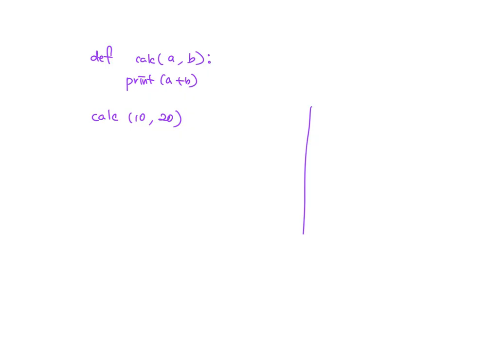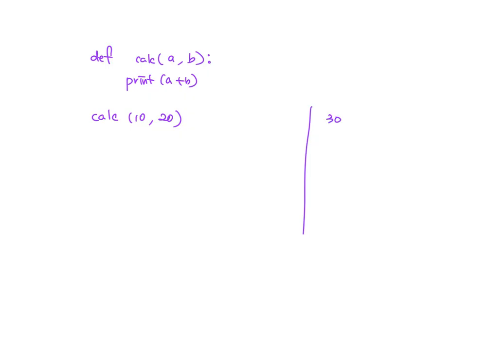Suppose that I have a definition, def calc, of two variables, A and B. And then I want to print A plus B. If I call this function with the values 10 and 20, on the screen you get 30.